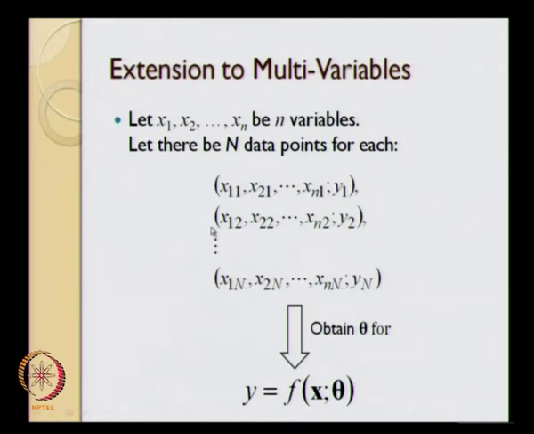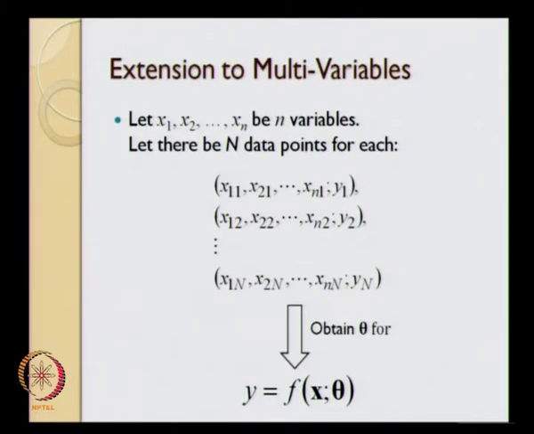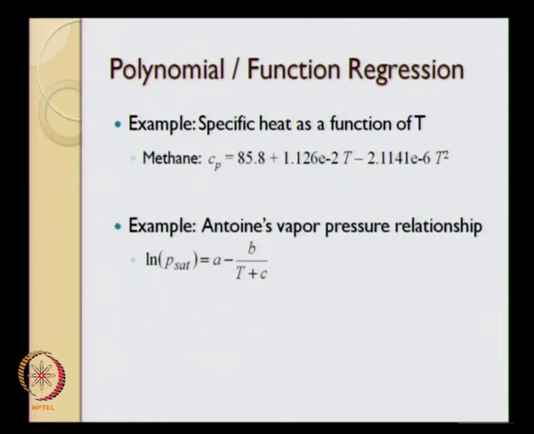This is what our data would be, and our objective in the multivariable case will be to obtain theta, which is going to be a vector theta that will give us the best fit for a curve y equal to f of x.